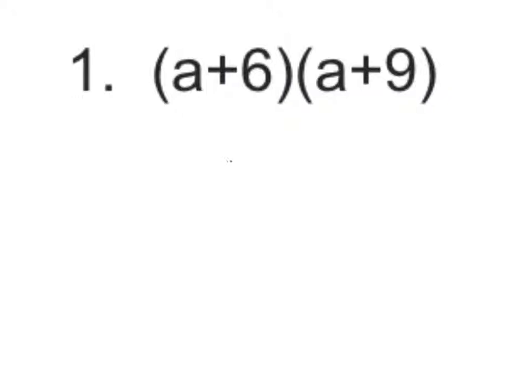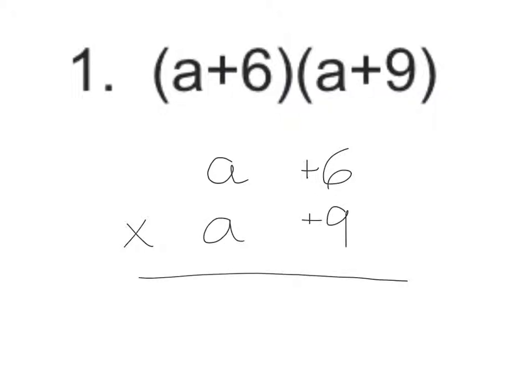So we've got a and positive 6, we're multiplying by a positive 9. Okay, first of all, 9 multiplied by 6 is 54, positive 54. And we've got 9 multiplied by a, which is positive 9a.